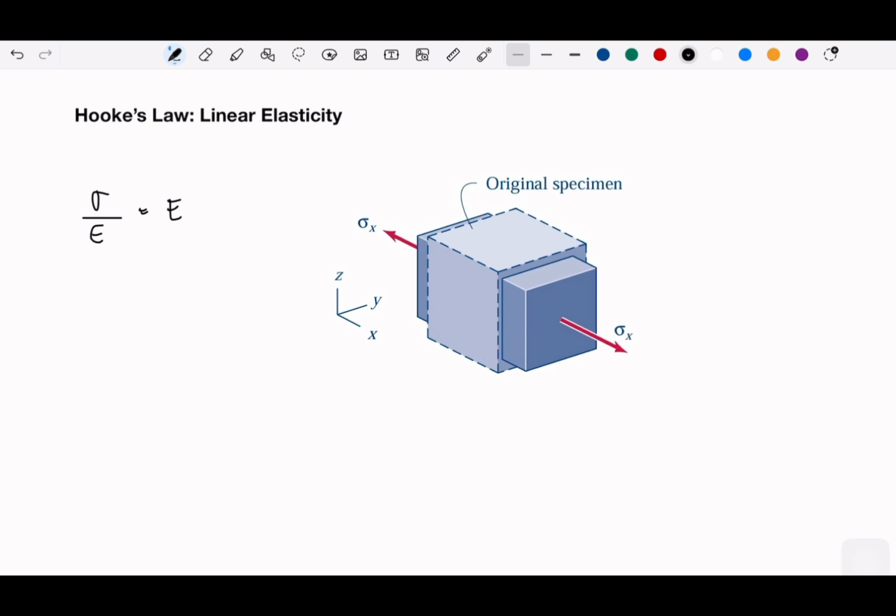Now in this specimen, our sigma and strain are on the x-axis, so we can write that the stress in the x-axis equals E multiplied by the strain in the x-axis. This is what we call Hooke's law.